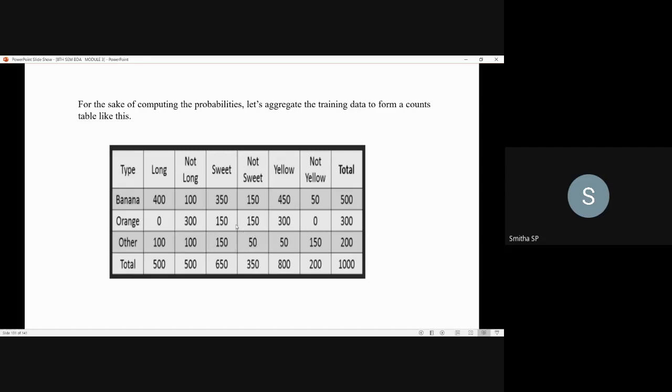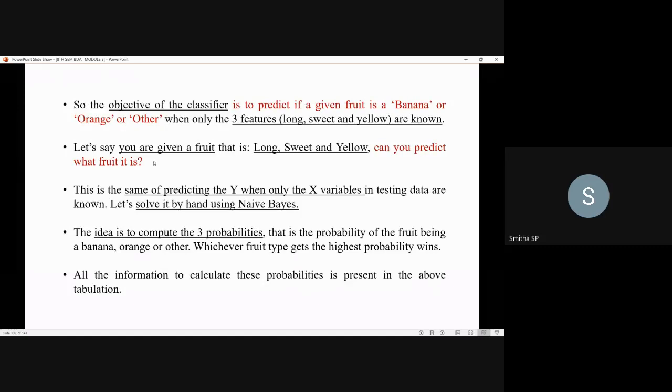What is shown in this table is the x variables and y variables. The Y variables are banana, orange and other, and the x variables are long, sweet and yellow. Totally we have 500 bananas, 300 oranges and 200 other fruits. So how many fruits do we have? 1000 fruits. Now we have to calculate the probabilities.